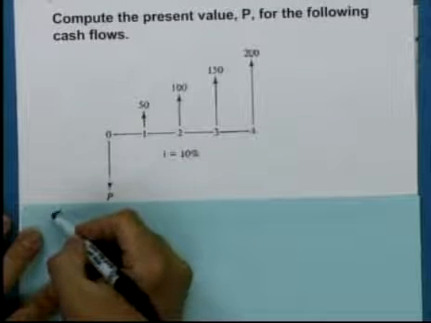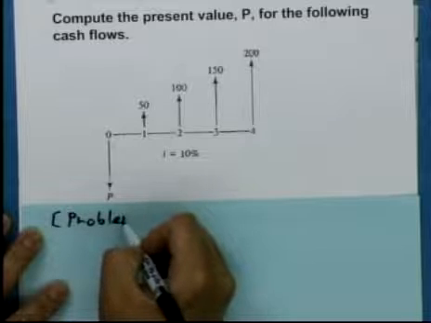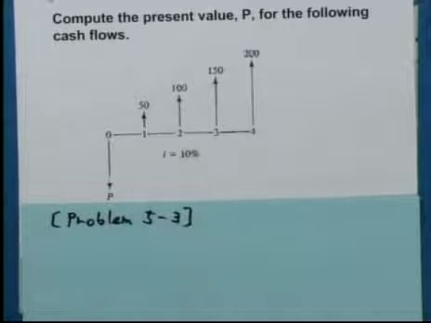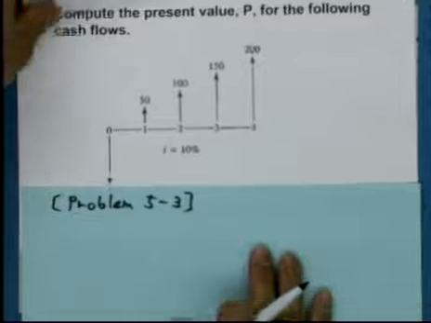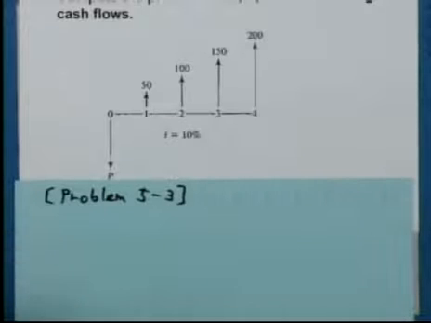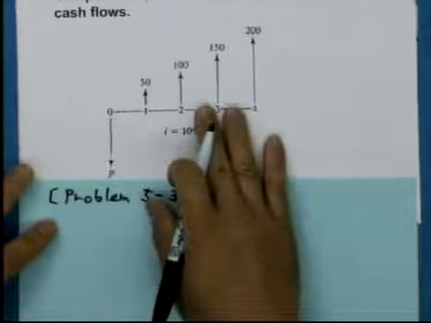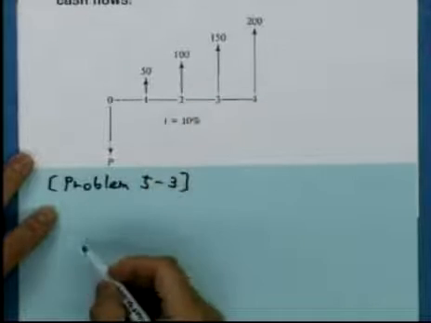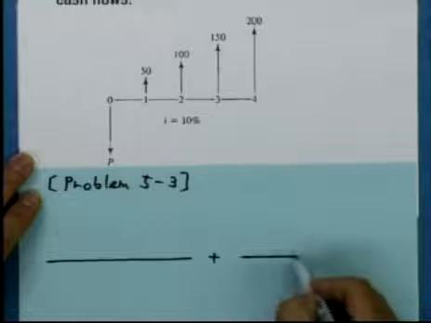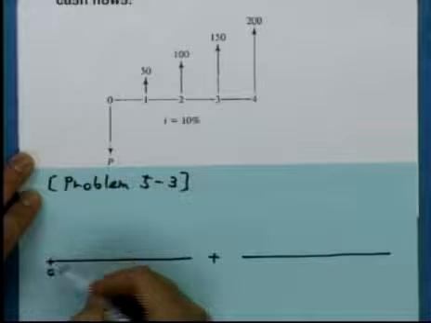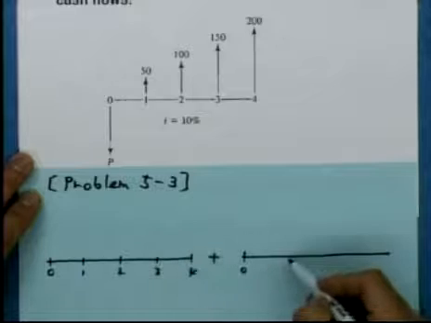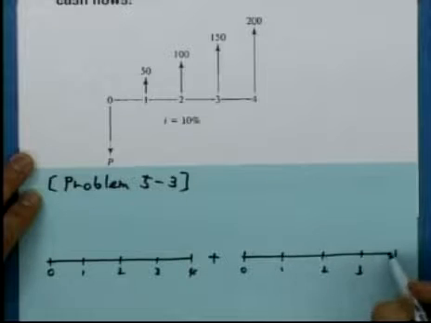So we are solving problem 5-3. We have two components here, from 0, 1, 2, 3, 4.